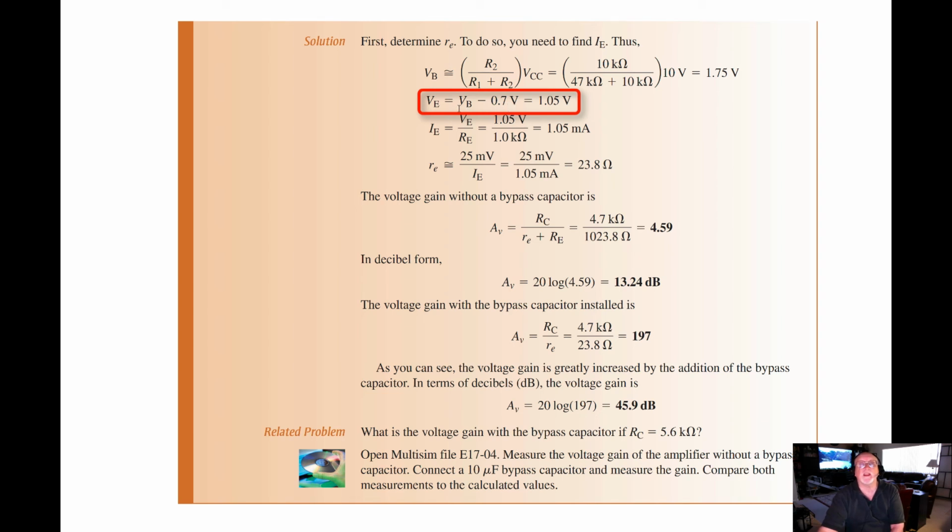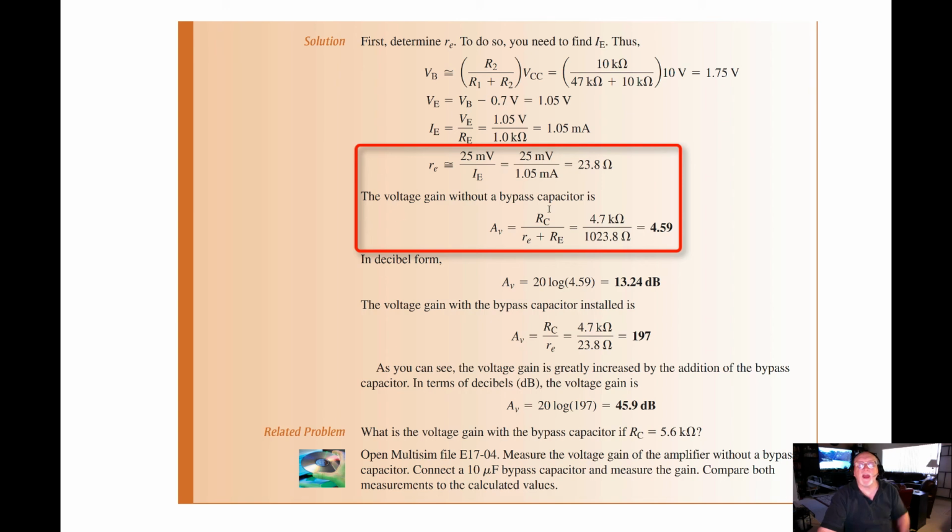So we are taking that input value, that voltage, subtracting the barrier potential, and we get 1.05 volts. Now the emitter current is VE over RE. So we've got 1.05 over 1 kilohm. We get 1.05 milliamps.